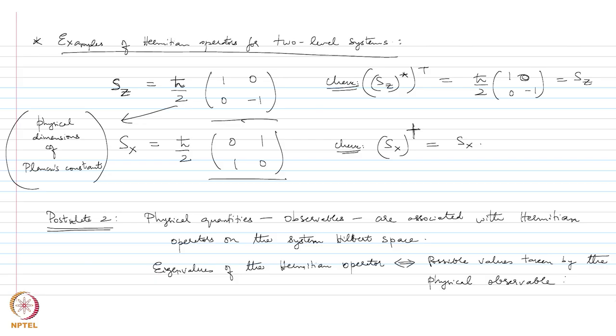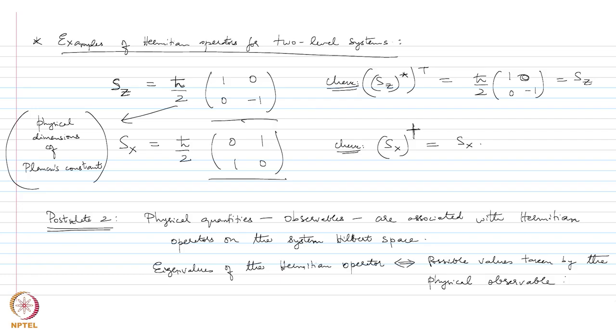So, physical quantities or observables are associated with Hermitian operators. The dimensionality of the system space will tell you what will be the dimensionality of the Hermitian operator. These are Hermitian operators on the system state space, and the eigenvalues of the Hermitian operator are basically the set of possible values that this physical quantity can take.